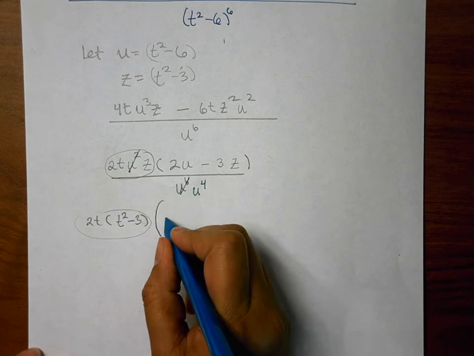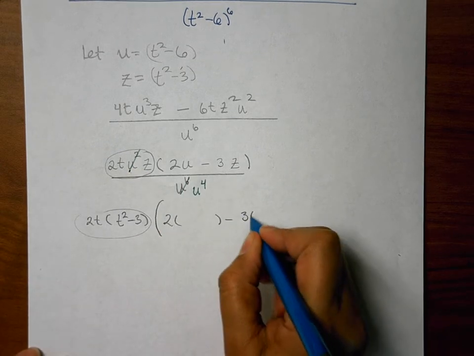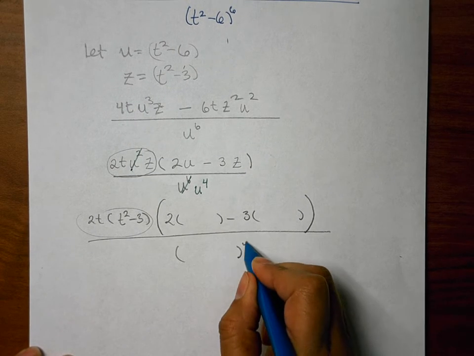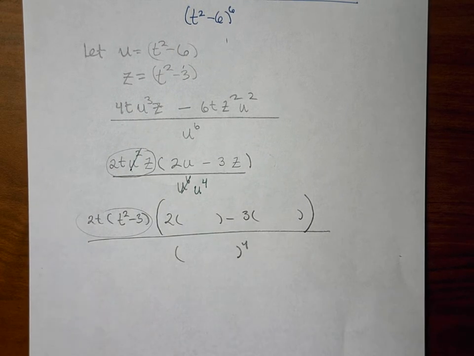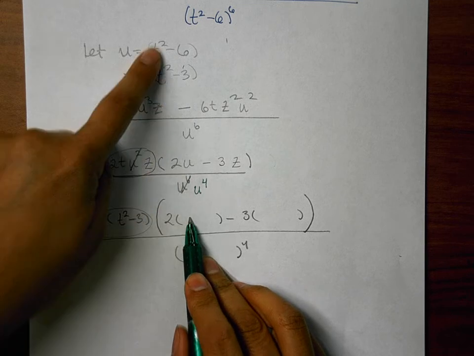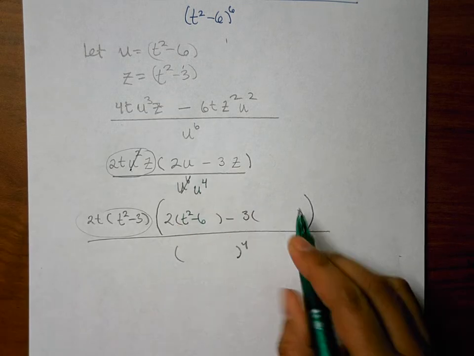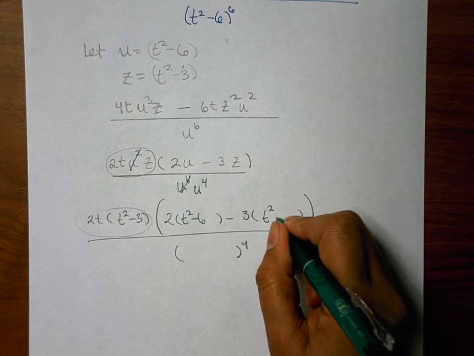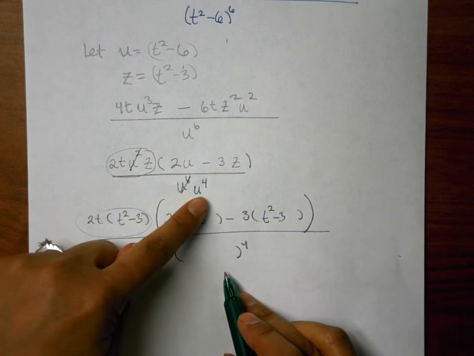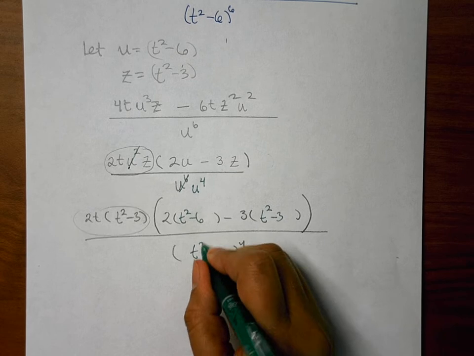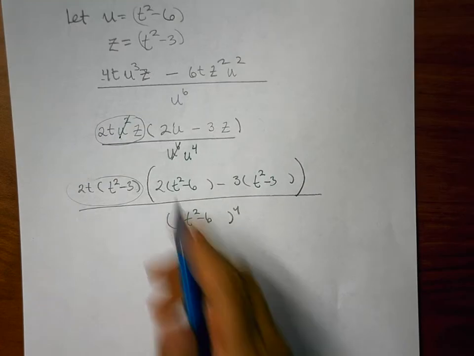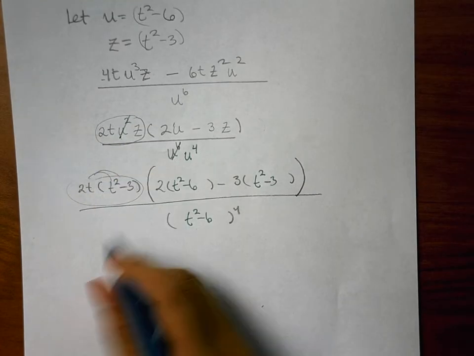Big parentheses, 2 parentheses minus 3 parentheses, close my big parentheses. Parentheses to the fourth. Okay, what's here? This is u, and u is t squared minus 6. This is z, and z is t squared minus 3. And the bottom is u to the fourth, so t squared minus 6, raised to the fourth. Okay, distribute. And I take that back.